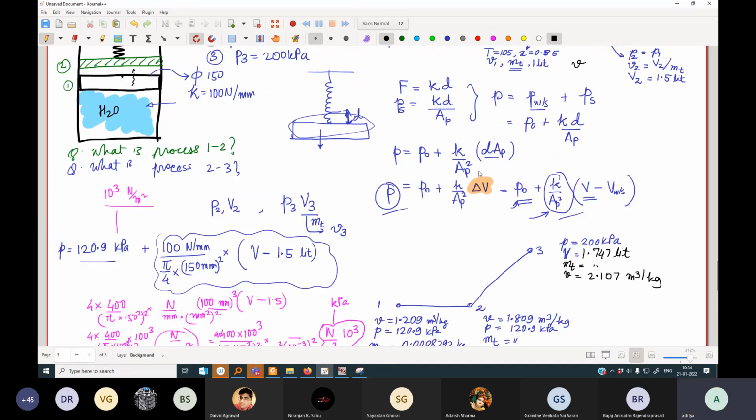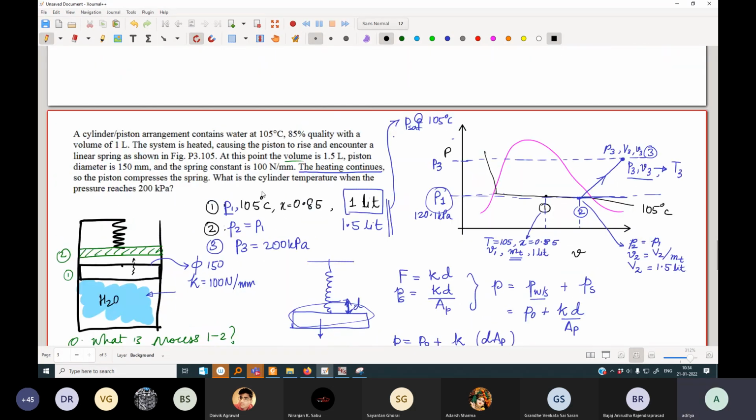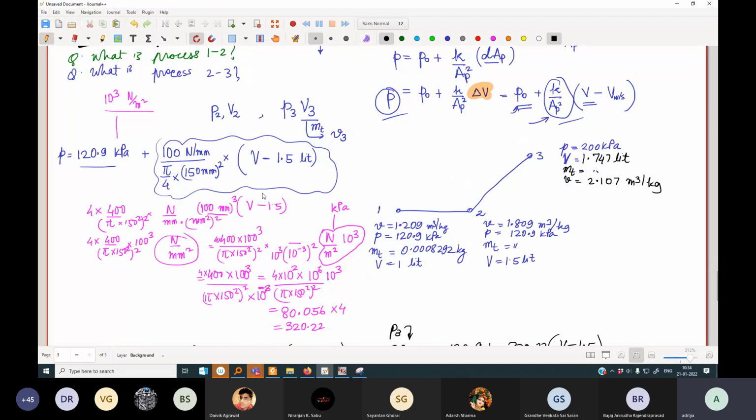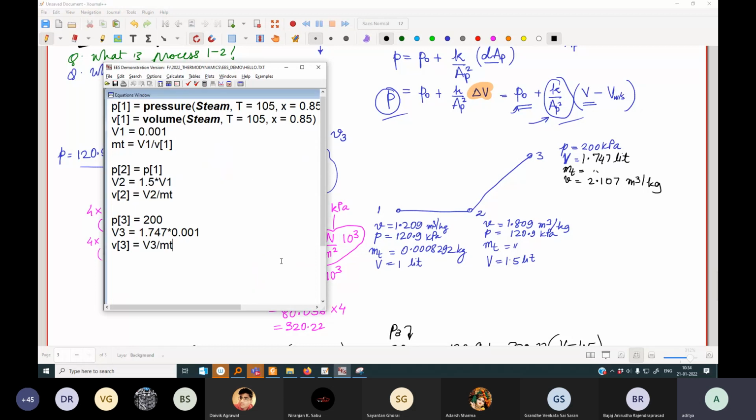So now, what is the question? What is the cylinder temperature when the pressure reaches 200 kilopascal? Okay, so I simply need to fetch T3. T3 equal to temperature, steam, P equal to P3, and V equal to V3.